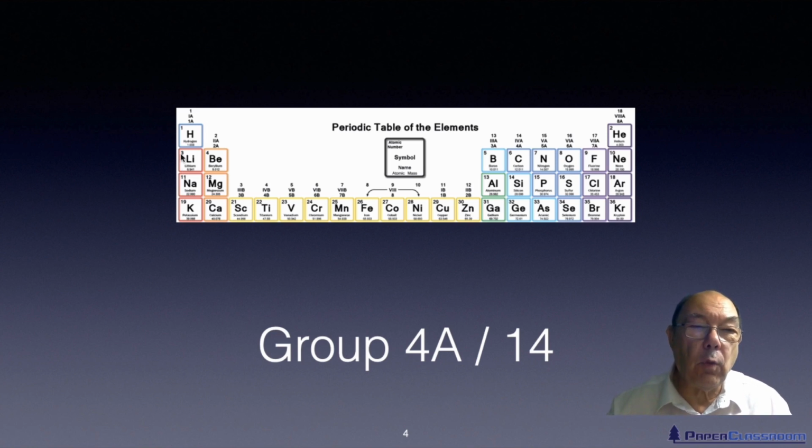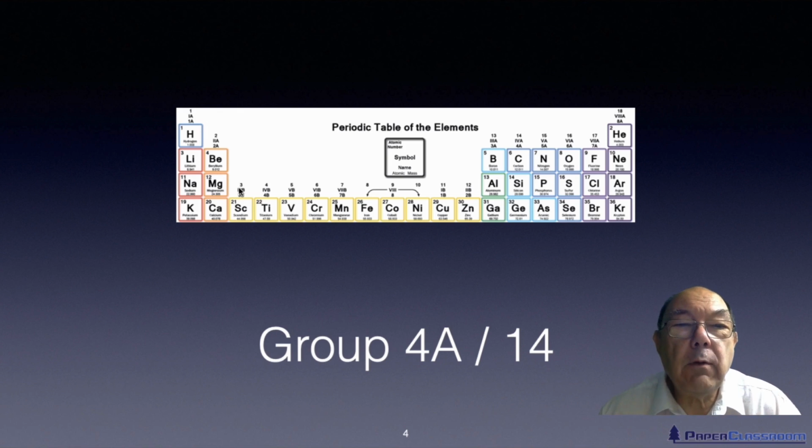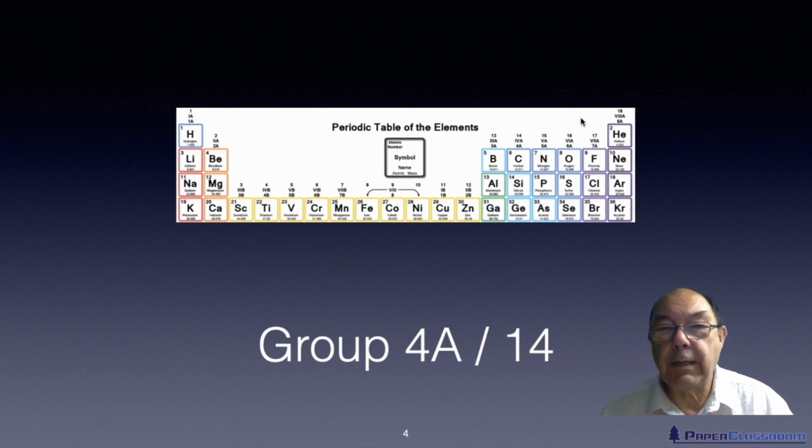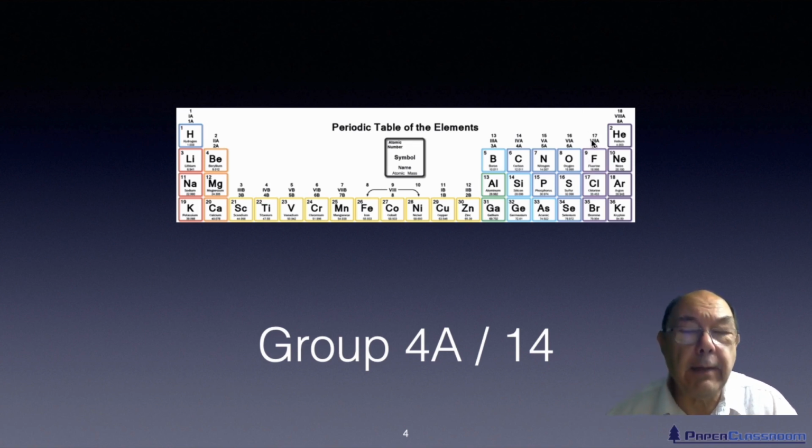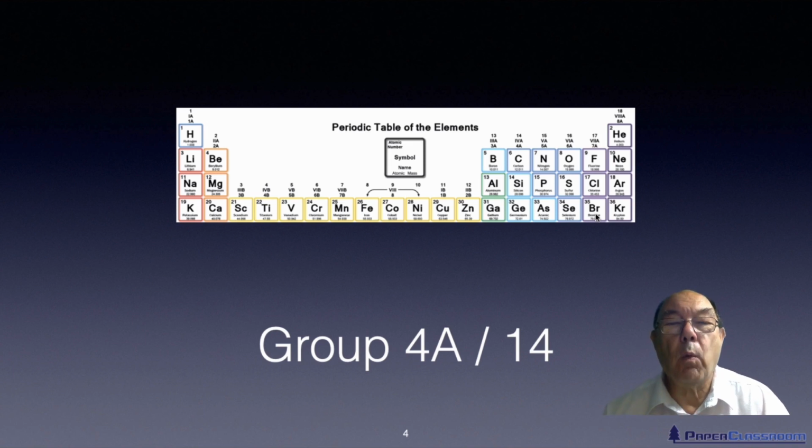So anything in group 1 will give out 1 electron, anything in group 2 is happy to give out 2 electrons, and anything in group 3 is happy to give out 3 electrons. Over at the other side of the table, what I used to call group 7A in the olden days, now group 17, anything in here is happy to accept 1 electron.